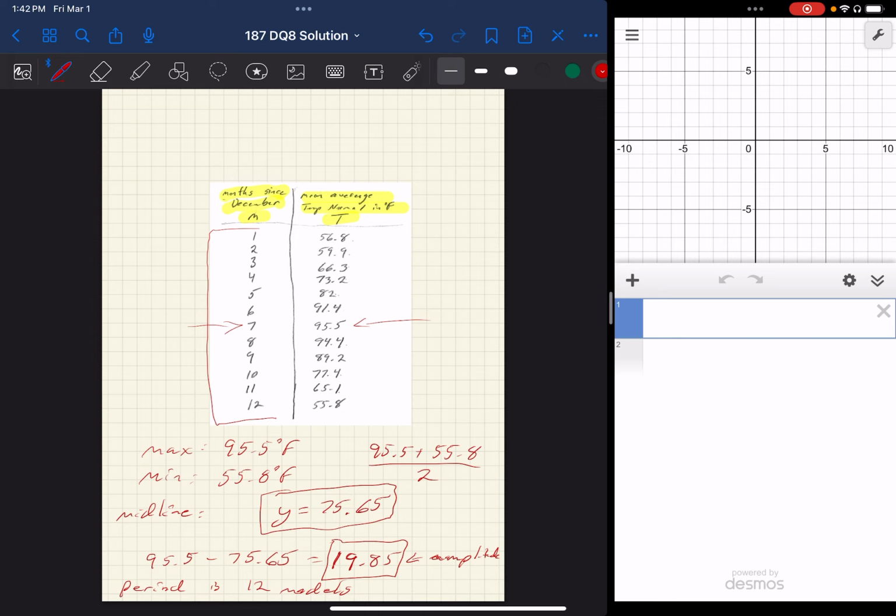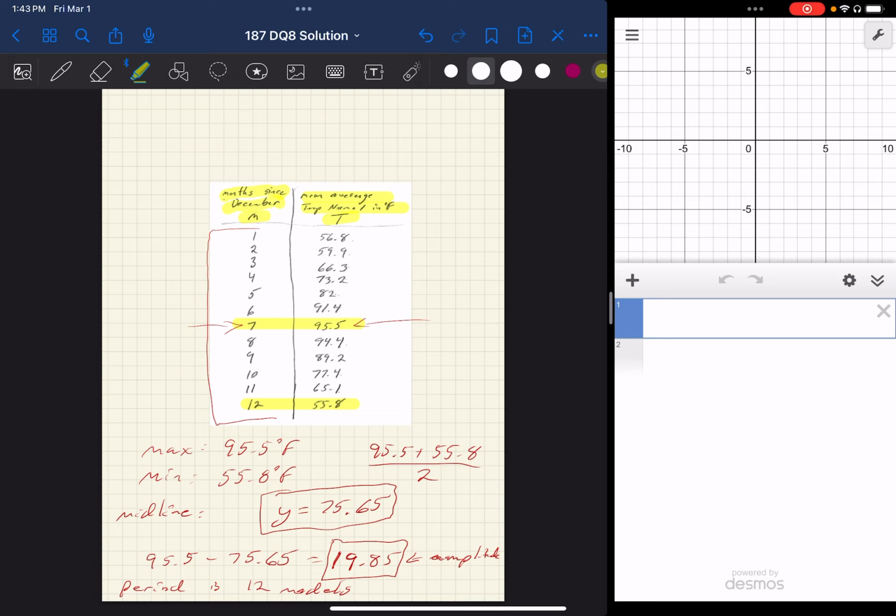Now, I want to go back and talk about something here that we looked at before. You remember before we chose this value as our maximum and this value is our minimum. We have a 12-month period. In a sine or cosine function, the interval between the maximum and the minimum value is always exactly half the period.